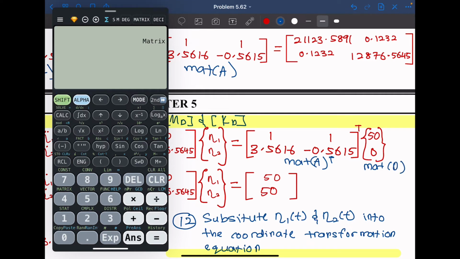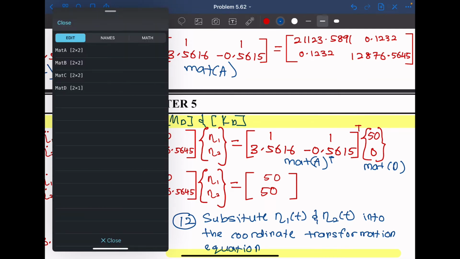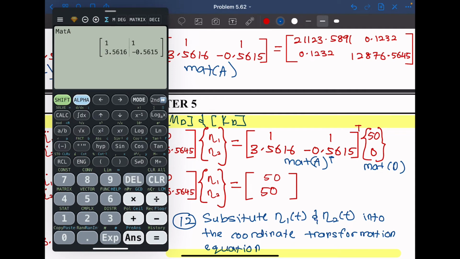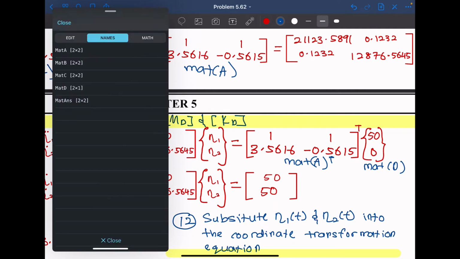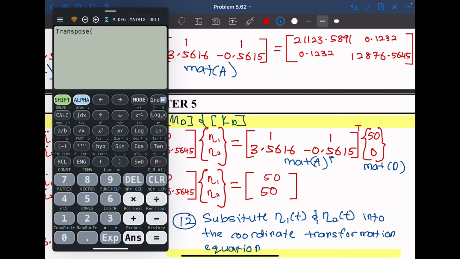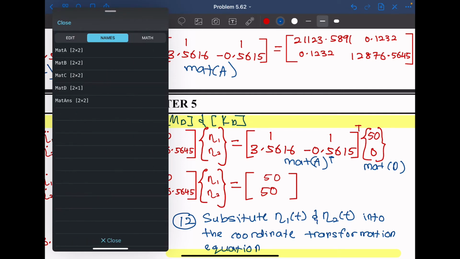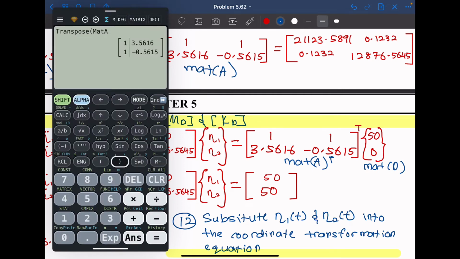Make sure you press clear first in your calculator, and then go to shift, go to 4, go to names. Matrix A, I'm sorry, you pick transpose first, and then go to shift 4, go to names. Only then you put matrix A. See, you've already transposed this, the model matrix, into the one you see in the calculator.